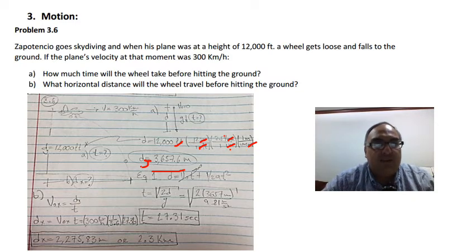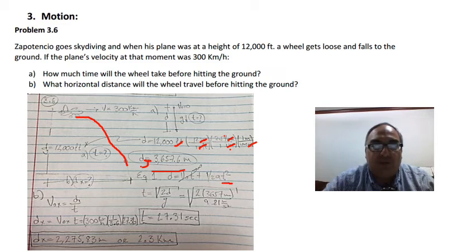Okay, we already have that conversion, so we use equation 1. Why 1? Because we don't have final velocity, so we cannot use 2 or 3. If you read the problem, the wheel falls from the plane. Basically what we need is the time.